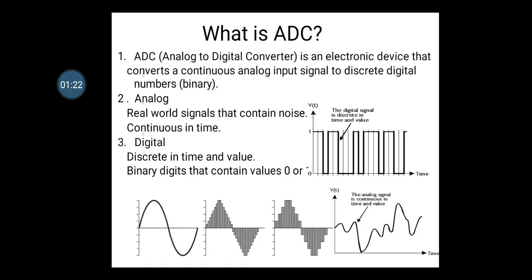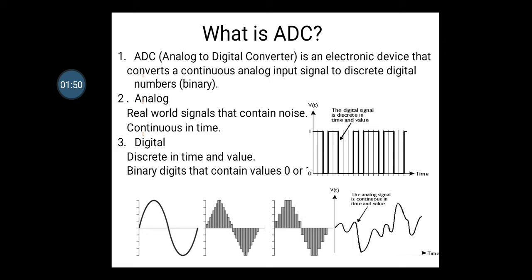Here we can see in this slide the analog signal as well as the digital signal. What is an analog signal and a digital signal? That we have already studied in basic electronics. A digital signal has a constant voltage for some instant of time, that is high voltage, and a low voltage for some instant of time, as you can see here.